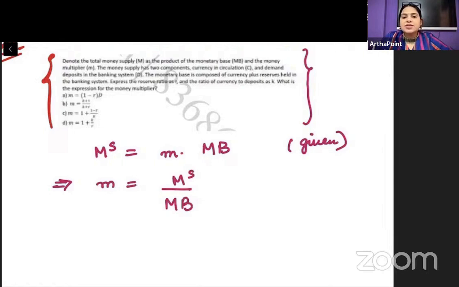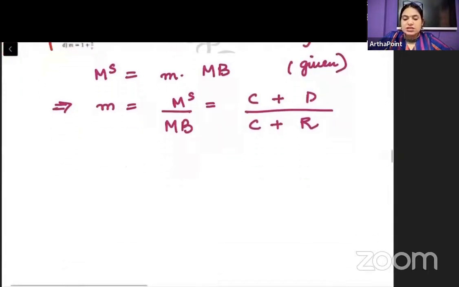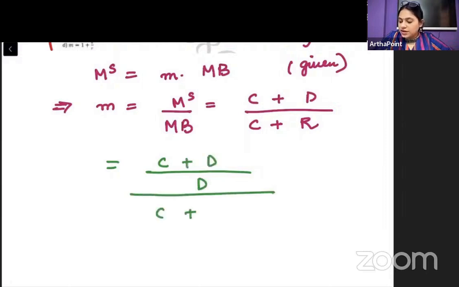Now it says money supply has two components, currency in circulation and demand deposit. So money supply is written as currency in circulation plus demand deposit. And monetary base has two components, currency plus reserve. So monetary base is currency plus reserve, right? And express the reserve ratio as R and ratio of currency to deposit as K. So everything is in terms of the ratio. So what I will do is I will divide throughout by deposit, right?